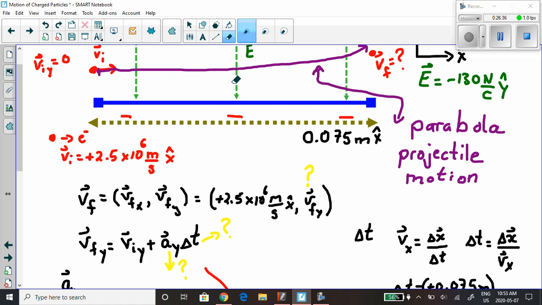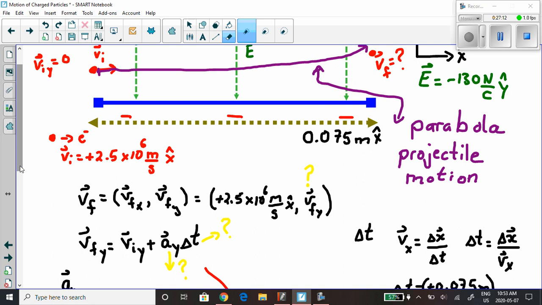Just like when we have force of gravity on an object near the surface of the Earth, the gravitational field is straight down, so the force of gravity will be straight down, which led to an acceleration which was straight down. The same thing's going to happen here. The electric field is straight down, therefore the electric force on that charged particle will be straight down, all negative y, and the acceleration will all be in the y direction, no acceleration in the x direction. The x velocity does not change.